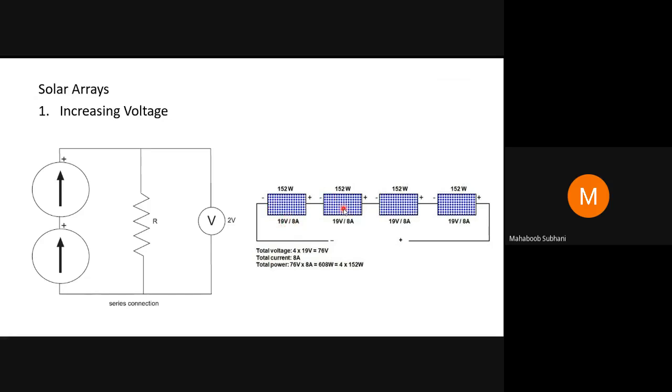Similarly, for the second cell it gets divided, the third cell by 3, and the fourth cell by 4. So the observation is there is no change in current value, but the voltage gets divided across all the cells. We take advantage of this division of voltage in the series connection. So what we understood is, if cells are connected in series, we are able to increase the voltage.